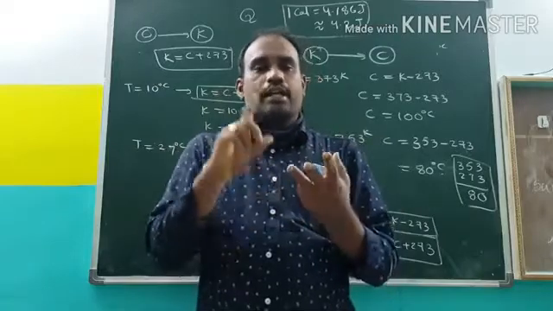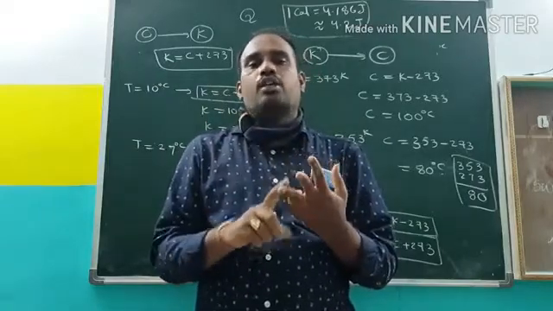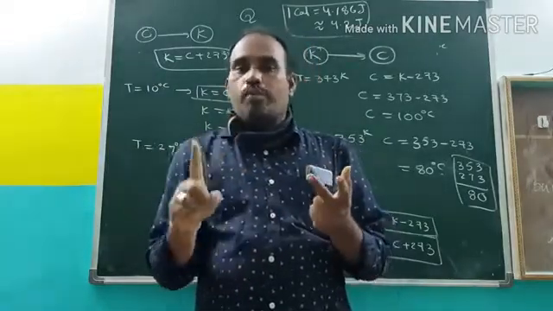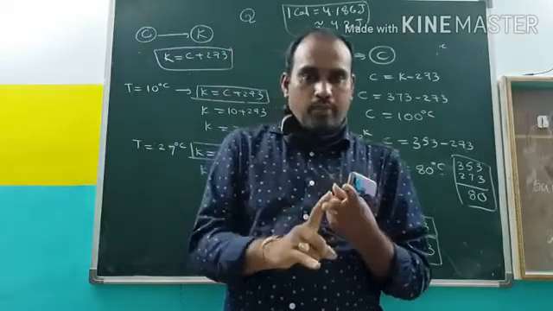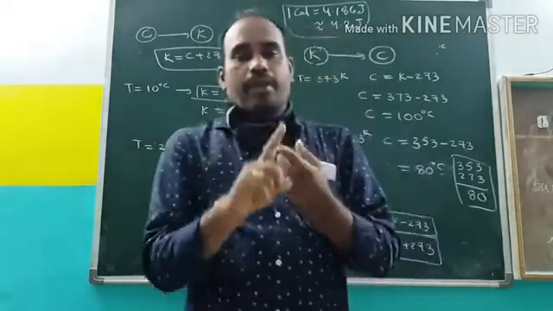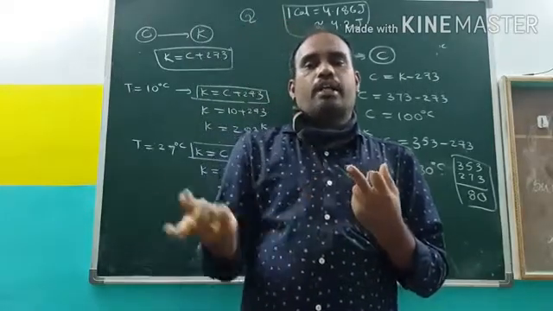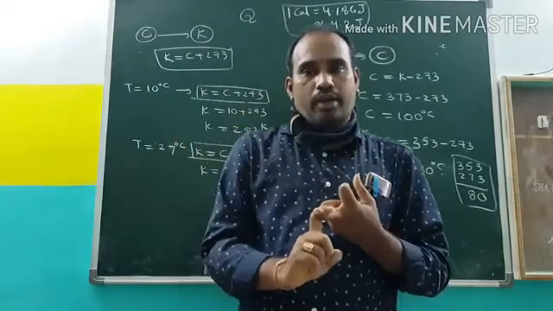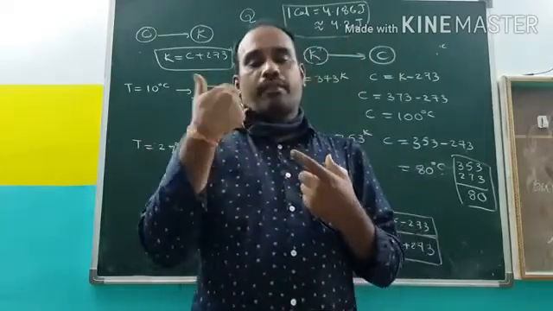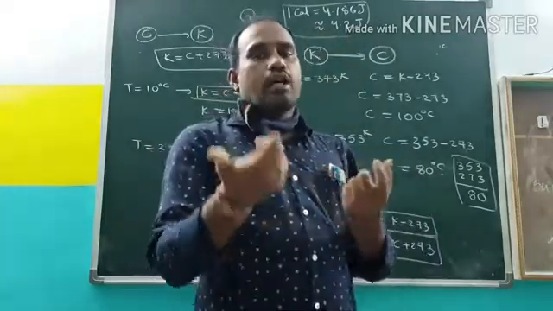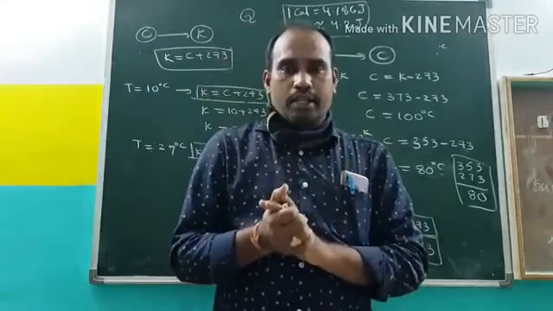How do we construct it? We use 2 points: one is the lower fixed point and another is the upper fixed point. The melting point of ice is taken as the lower fixed point. The boiling point of water is taken as the upper fixed point.